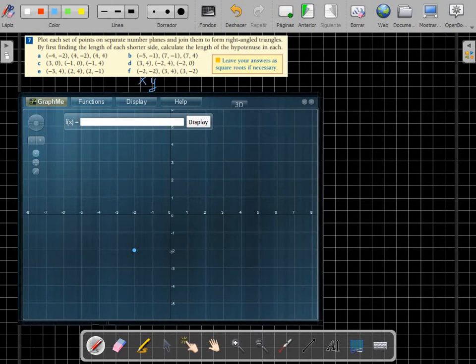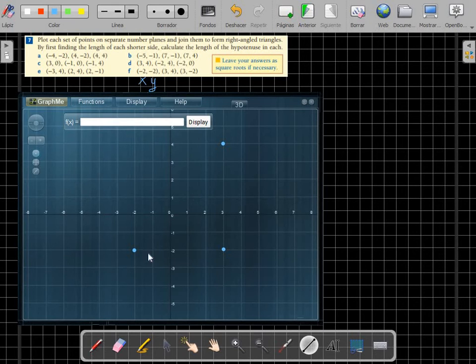The next point is 3 in x, 4 in y. 3 in x is right here, and from here we're going to move up until we reach the 4 in y. There. Finally, the last point is 3 in x, minus 2 in y. So here we are at 3 in x, and from here we're going to move down until we reach the -2 in y. There. 3 in x, minus 2 in y.